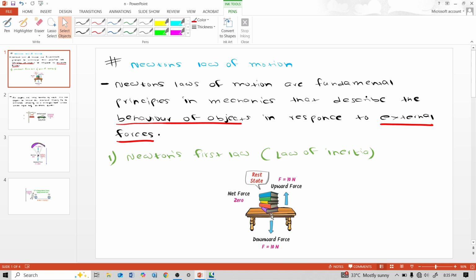If no one moves those books, then they will not move. A book at rest will always rest until and unless someone moves it, and only then will it change its position. So that is Newton's first law of motion.